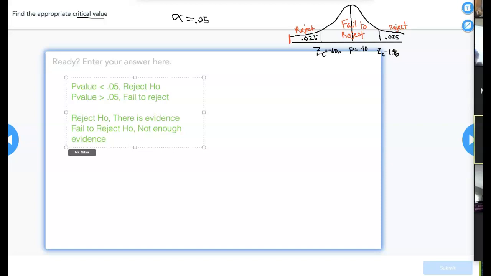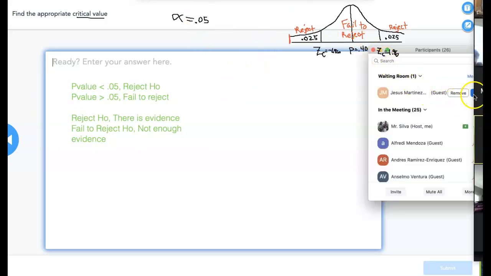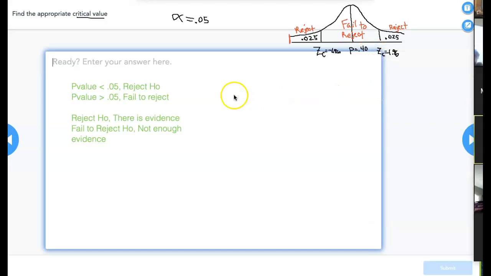What I want to do right now is look at a right tail test on page 553. Go through the example 1 potato, 2 potato, and I want you to read it. I'm going to give you like 10 minutes to read through it, and then we'll talk about it.